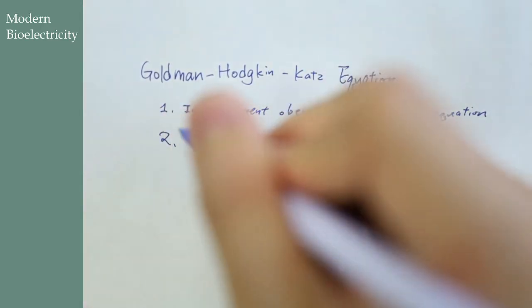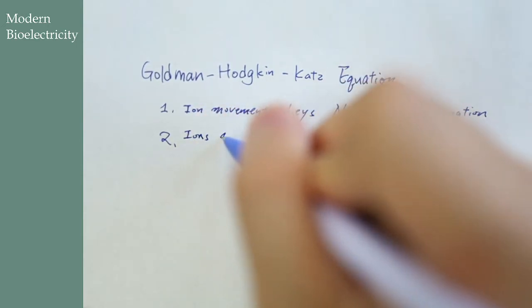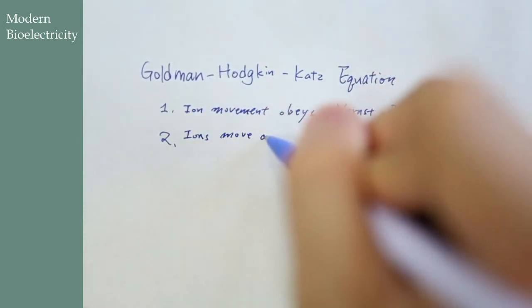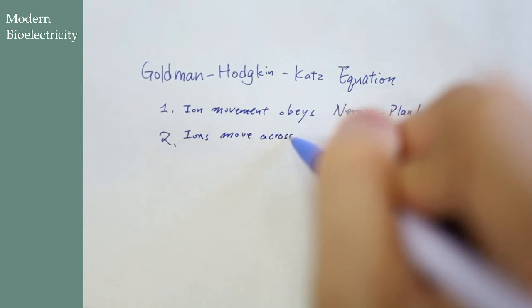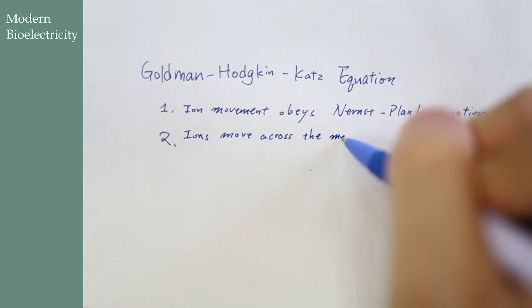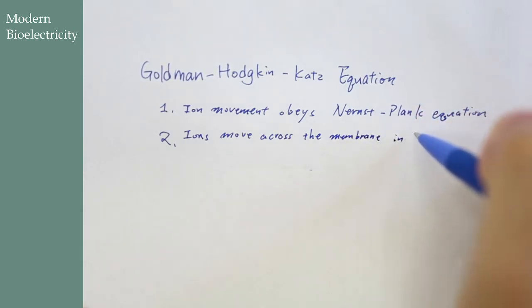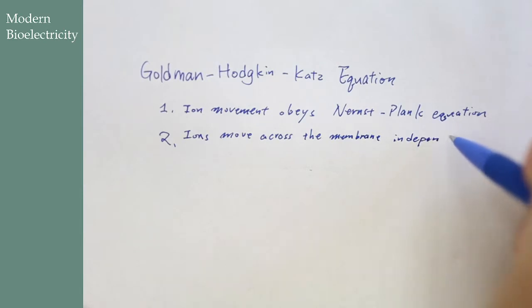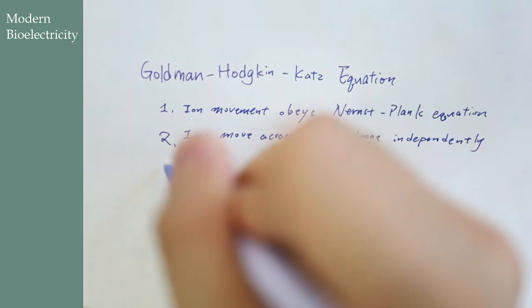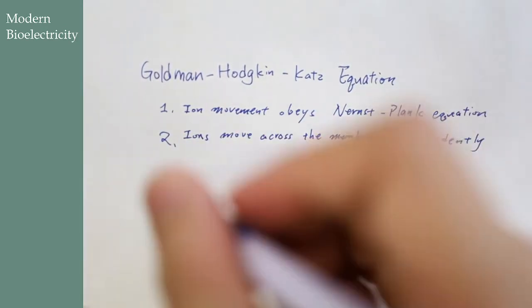And two, all the ions move across the membrane independently. So every ion moves independently. They do not influence each other.